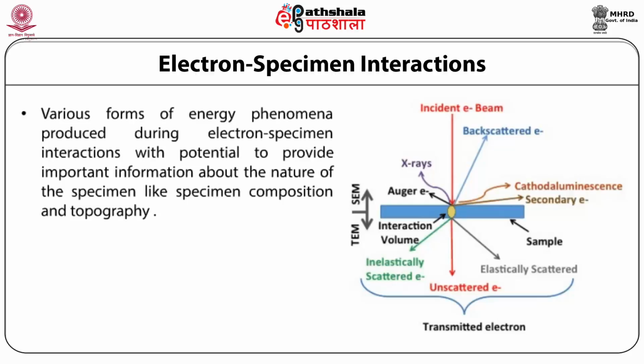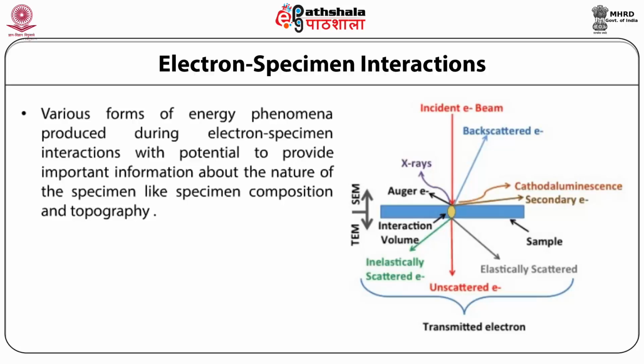These various forms of energy produced during the electron specimen interaction have the potential to provide important information about the nature of the specimen.